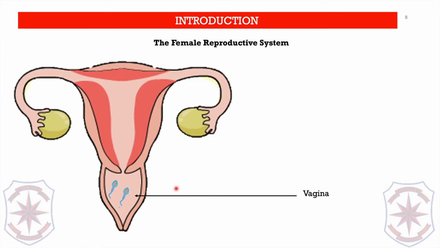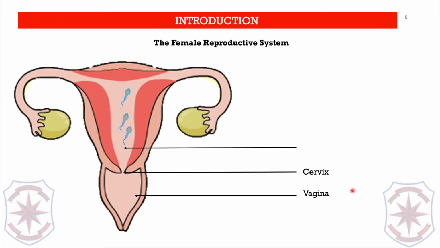So that part of the female reproductive system is the vagina. And then what's going to happen? The sperm cells are to swim up. They will pass through the part that we call the cervix, and then they will swim into the uterus.